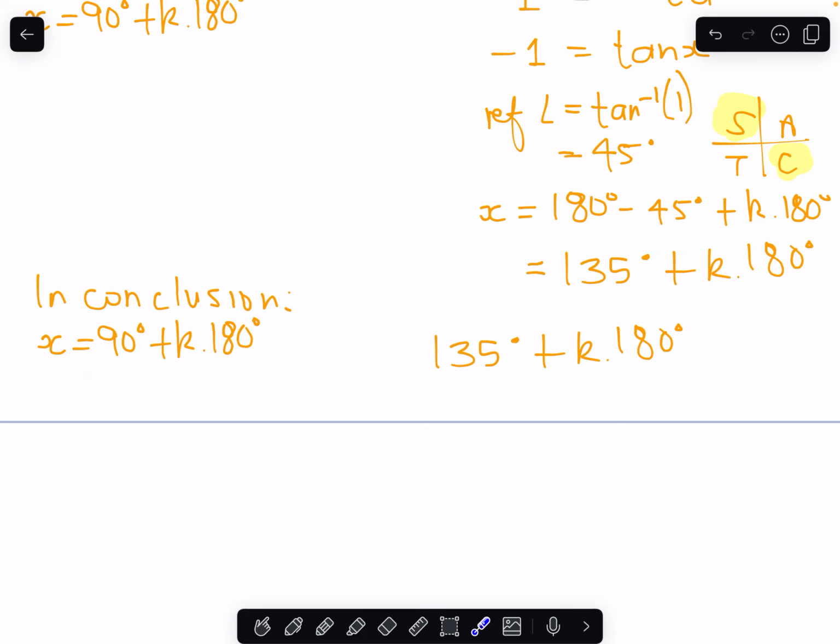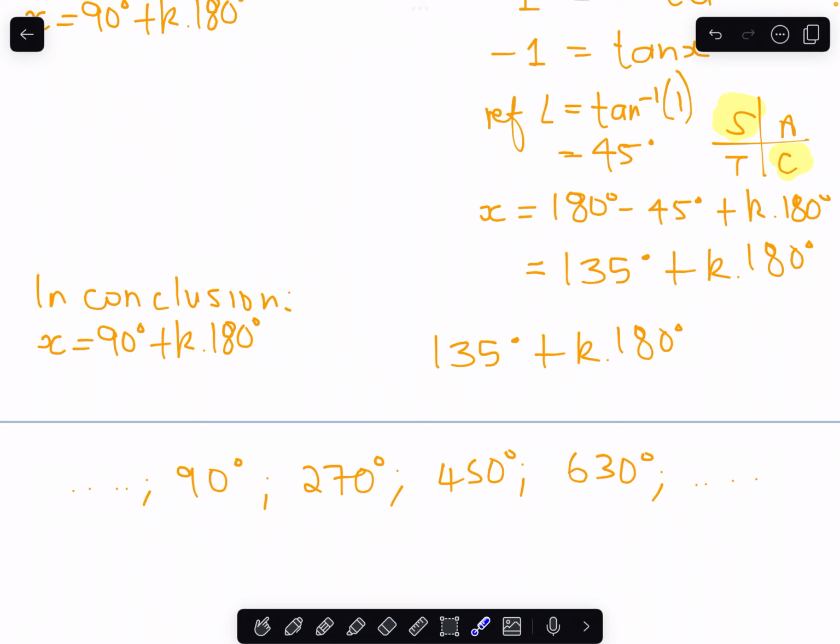I don't think there is, but it's worth a shot. So I'm just going to look at the positives. So 90 plus 180 is 270, plus 180 is 450, plus 180 is 630, and so it goes.